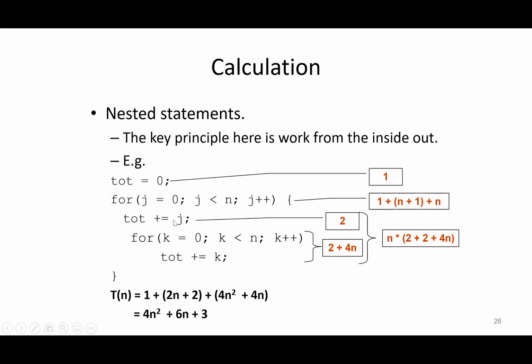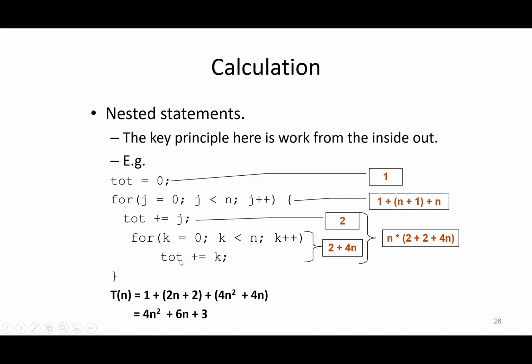And then inside the for loop, now inside this for loop is more complicated compared to the previous one because here we have another for loop. But for this statement before the inner for loop, total equals total plus j, this will require 2 steps, right? And then this inner for loop is also from k until n minus 1, it also loops n times.